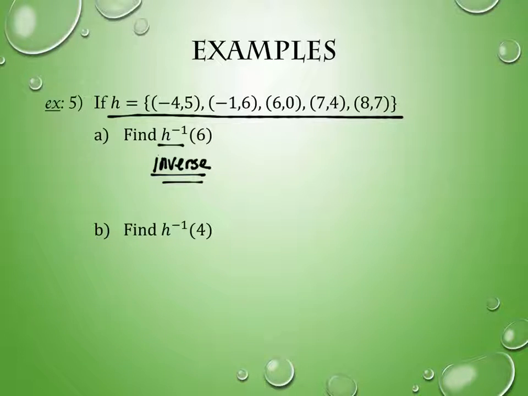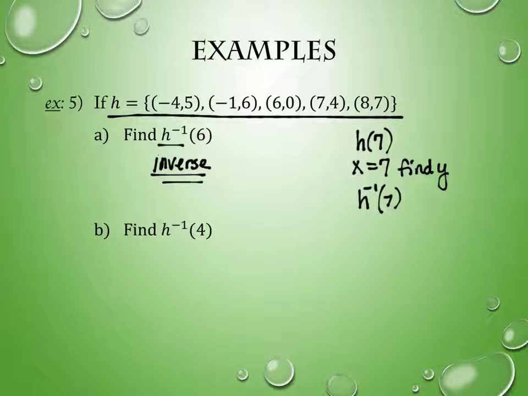Okay, so normally you have questions that we have had recently, questions that looked like this. It said h of 7, and they're telling you that x is equal to 7, find y. That's what that notation means. When I have inverse notation, it flips it all around.